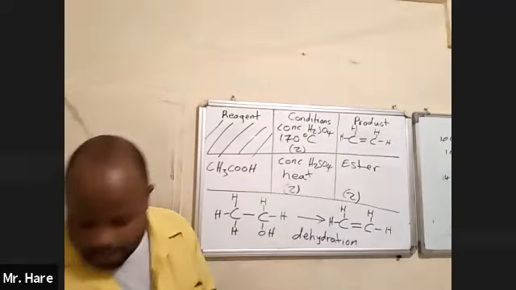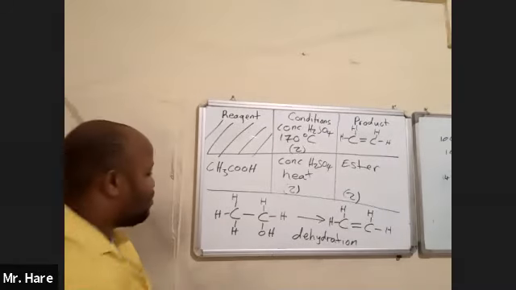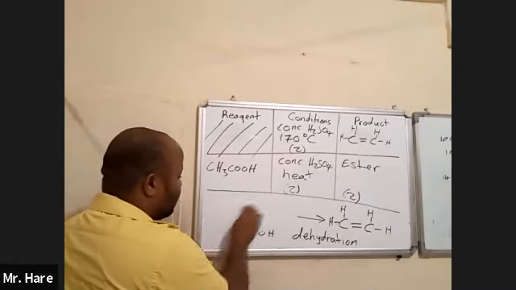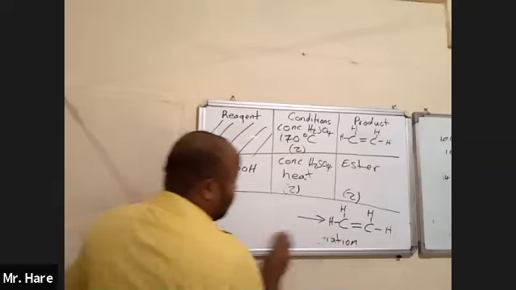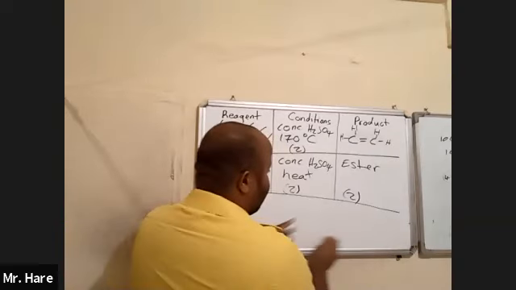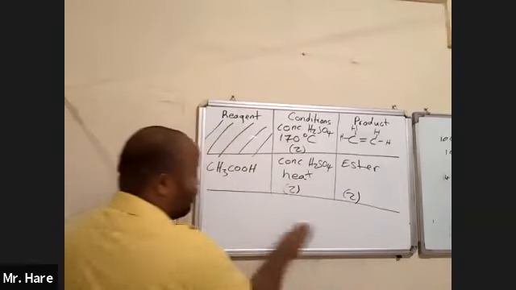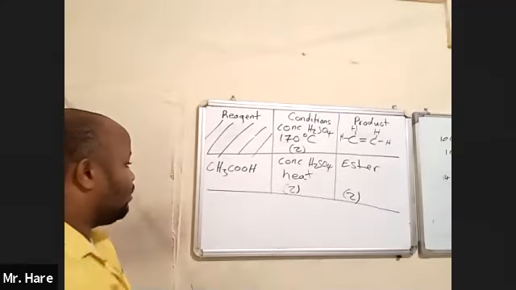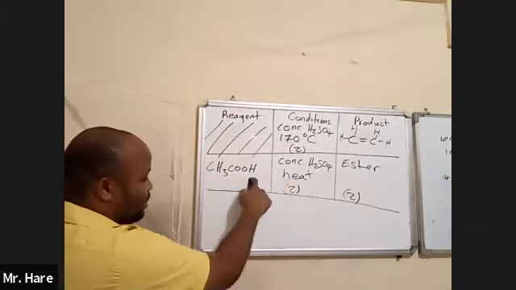All right. So let me just go over the reaction for esterification so that you can see how we get the product or the structure of the product. So we have ethanoic acid.